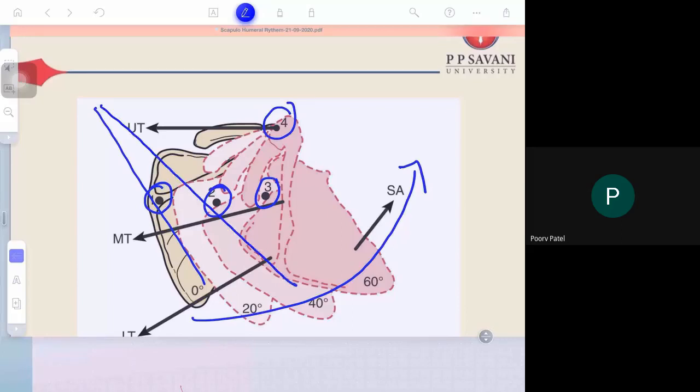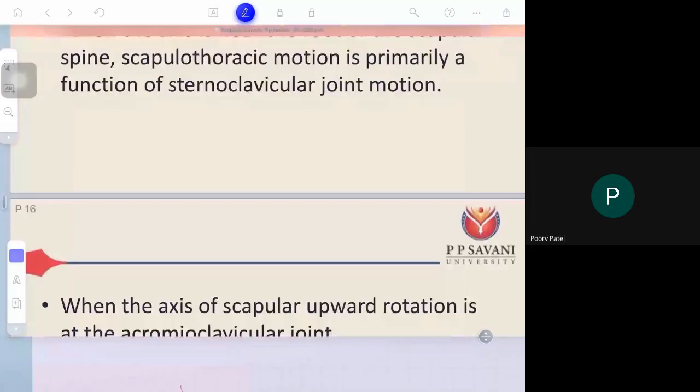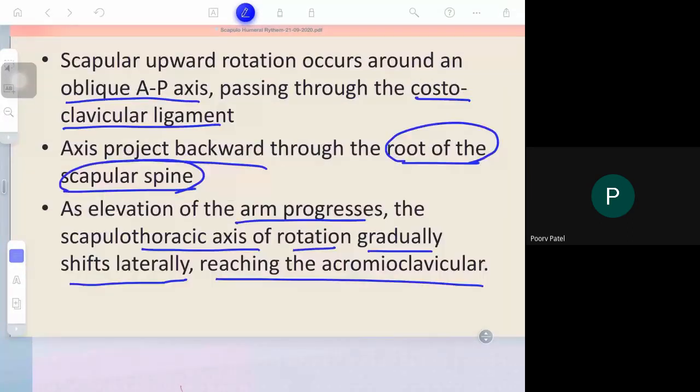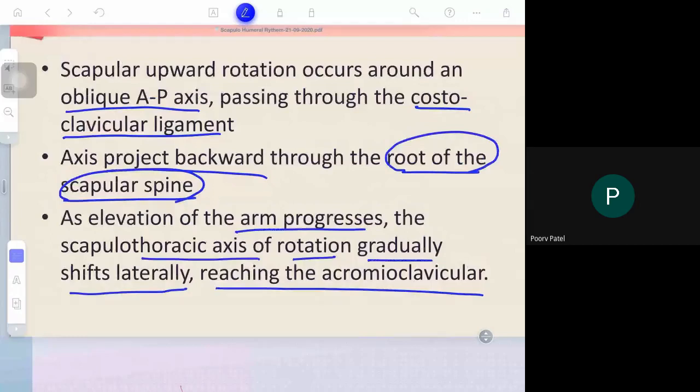Clear? Because this is not a true anatomic joint. This is a functional joint. If it is an anatomic joint, then the axis will be fixed. Because it is a functional joint, the axis moves from medial to lateral. As the arm progresses, the scapulothoracic axis of rotation gradually shifts laterally, reaching the acromioclavicular joint. Are you clear with this point?